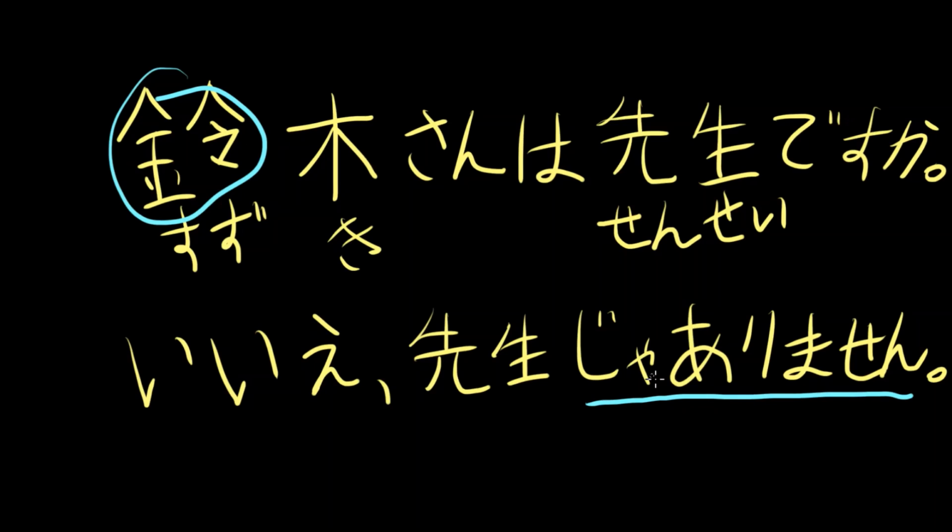So いいえ、先生じゃありません。鈴木さんは先生ですか? Is Mr. Suzuki a teacher? いいえ、先生じゃありません。No, teacher he is not. Or no, teacher not. No, he's not a teacher. Again, you don't need to say, いいえ、Suzuki さんは先生じゃありません。You don't need to say that. いいえ、先生じゃありません。No, he's not a teacher.